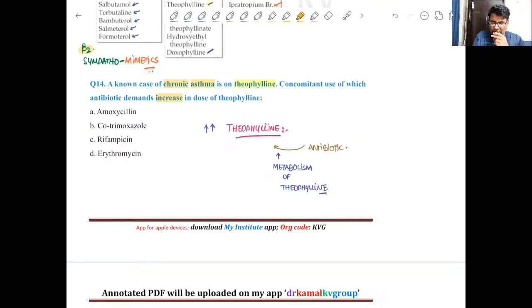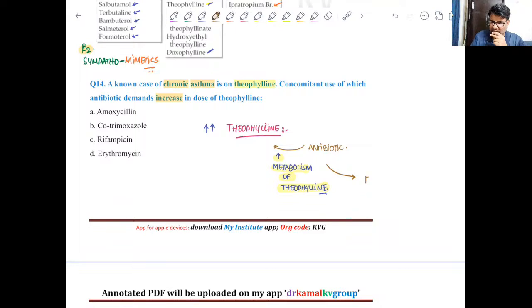Now try to understand what I want to say. One antibiotic which is increasing the metabolism of any other drug which is simultaneously given. So what is the name of this kind of antibiotic which is increasing the metabolism of any other simultaneously given drug?